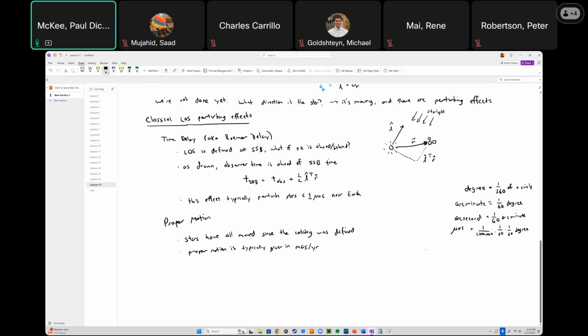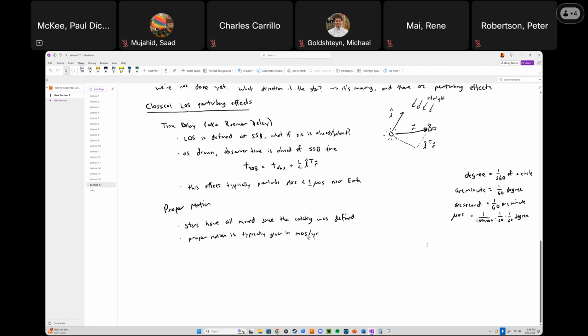20 1/1000ths of a 60th of a 60th of a degree. Very small, but large enough that we generally don't want to ignore proper motion, especially for nearby stars that are moving relatively quickly. So let's get some equations going here.